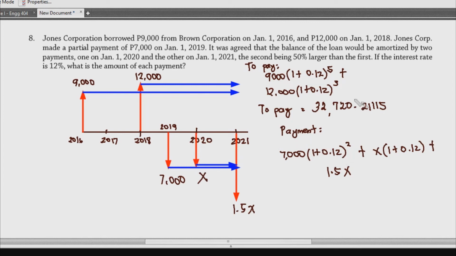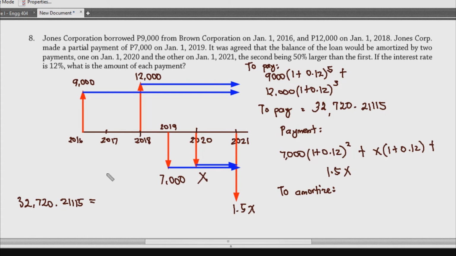So anyway, this would be equated. So to balance or to amortize, you have to equate your payments and what needs to be paid. So that is 32,720.2115. Actually, I only missed a 1. So we equate 1.5 in this equation.